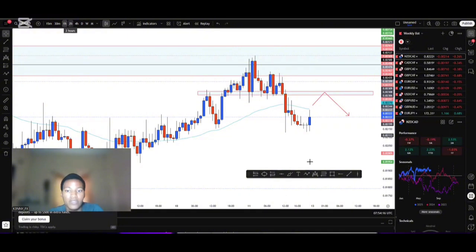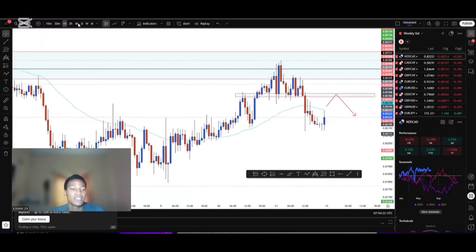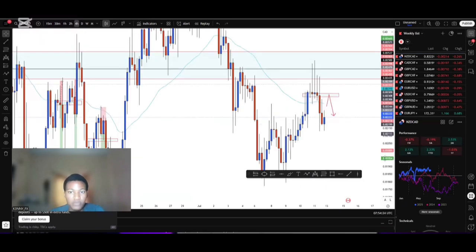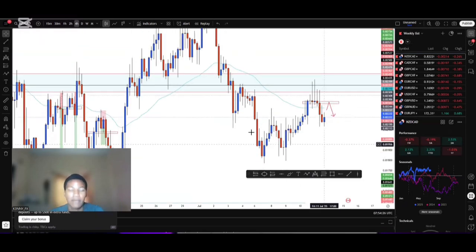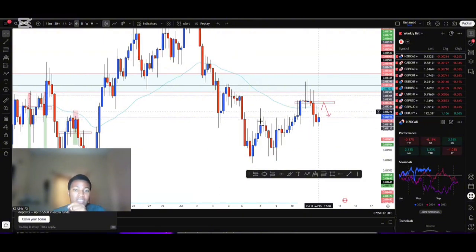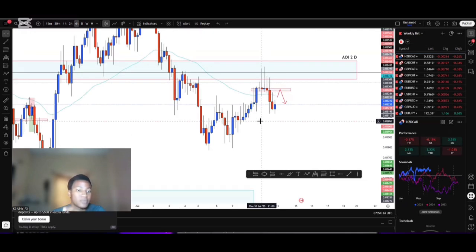To see a pullback, remember this should be in our session. If it doesn't happen in our session, we are not interested in the trade. Our session is from 6 a.m. to 10 p.m. If the entry comes up inside this time range, we're going to take the trade.